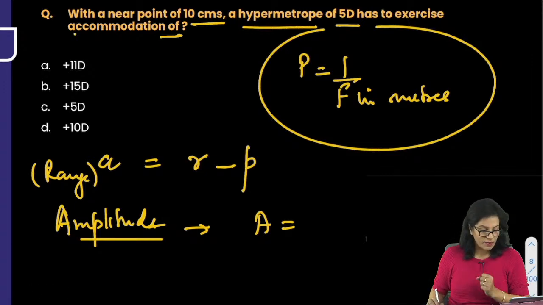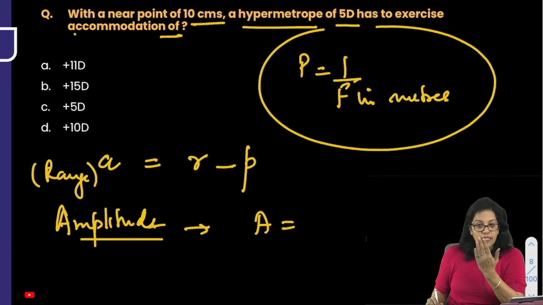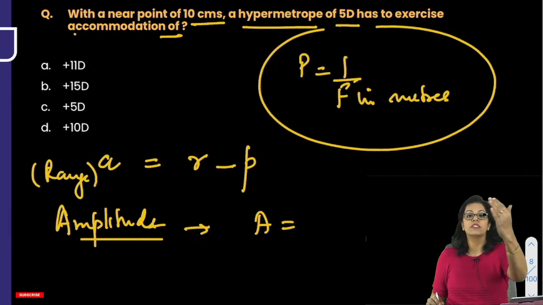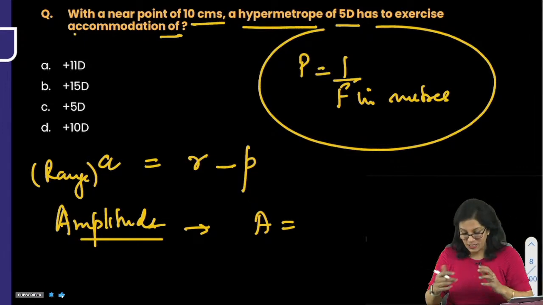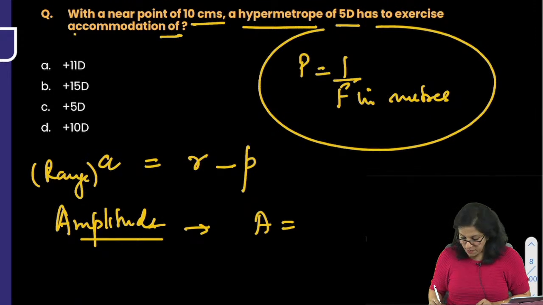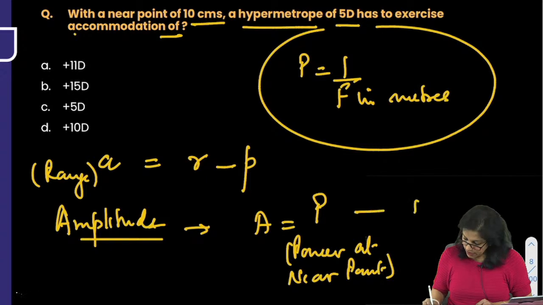Accommodation will be maximum. It is more going to be when you exert more at the near, na? है ना? दूर से जब पास देखते हैं, then only you should have a more power. So accommodation is exerted more. Therefore, now the amplitude of accommodation will become capital P, which is the power at near point, minus capital R, which is power at the far point. हो गया? This is so simple.